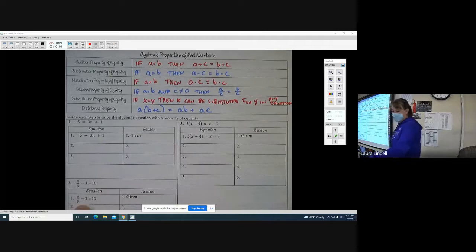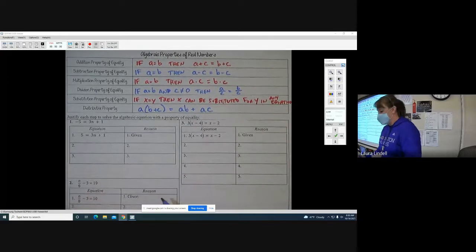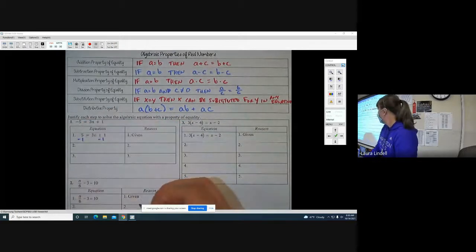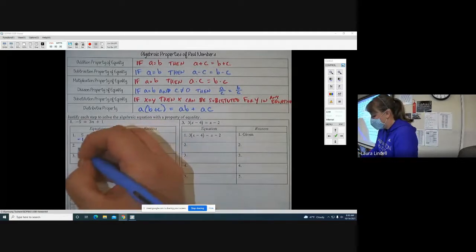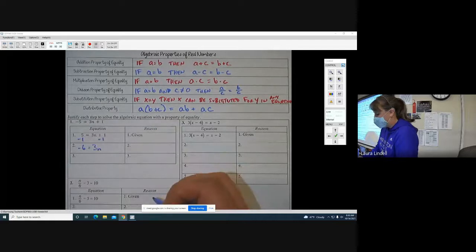So if I was going to solve this, what's one step I could take? Subtract 1. Yep, subtract 1 from both sides. So if I go minus 1, and then what I'm left with down here, we get negative 5 minus 1 is negative 6 equals 3n.